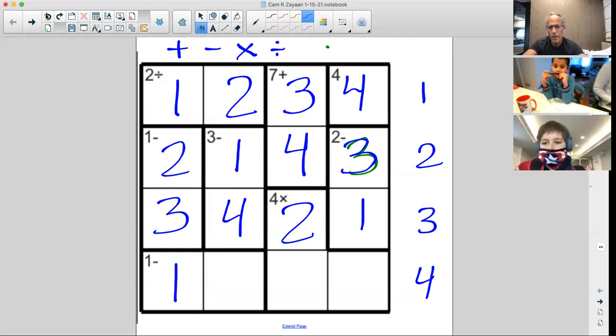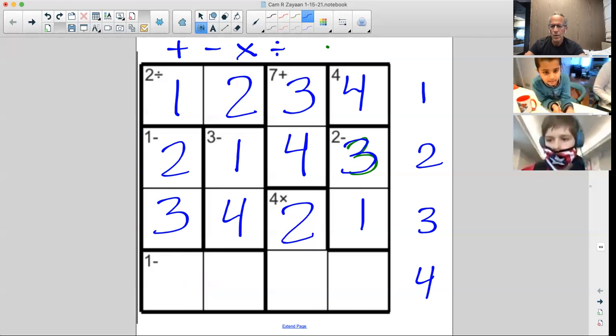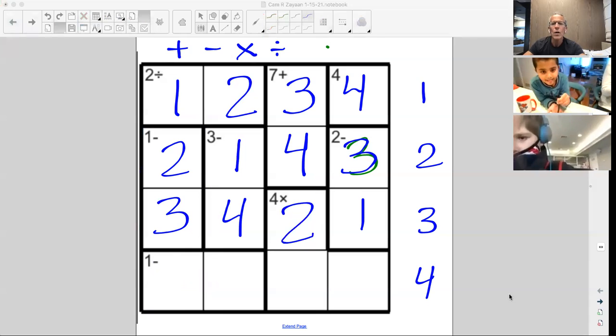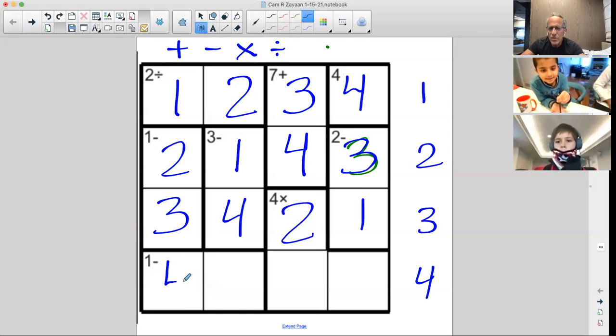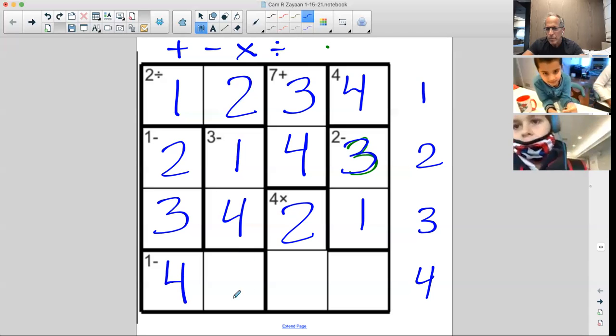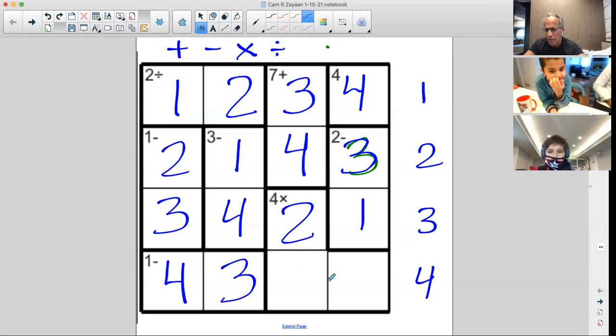No. You can say it, Cam, if you know it. 4, because that's the only number left. Of course it's the only number left. And what's the only number left here? 3. And what's the only number left here? 1.